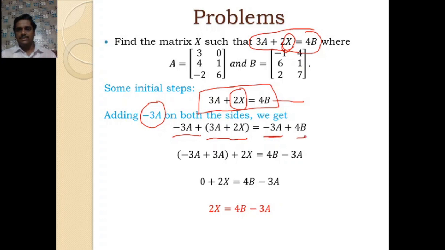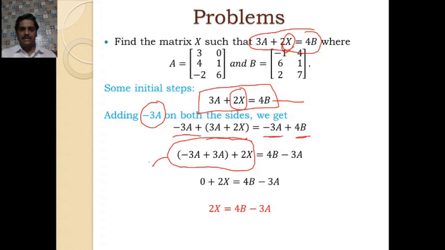And there was this 4b already on the right side. What next? You can concentrate on the left side. What I have done, I have replaced this bracket by a new bracket. Now instead of having a bracket for the second and third term, I am using a bracket for the first and second term.